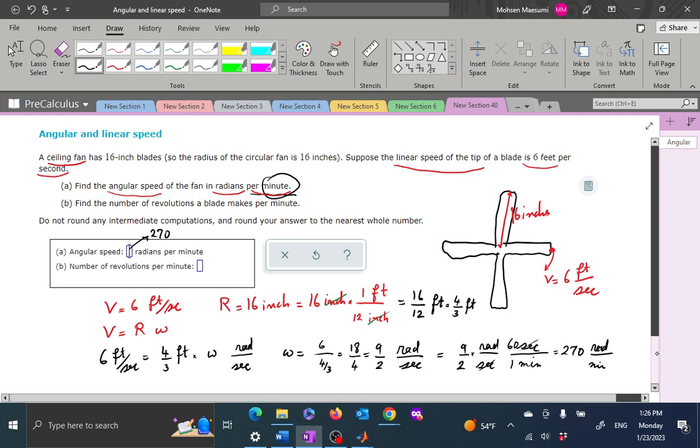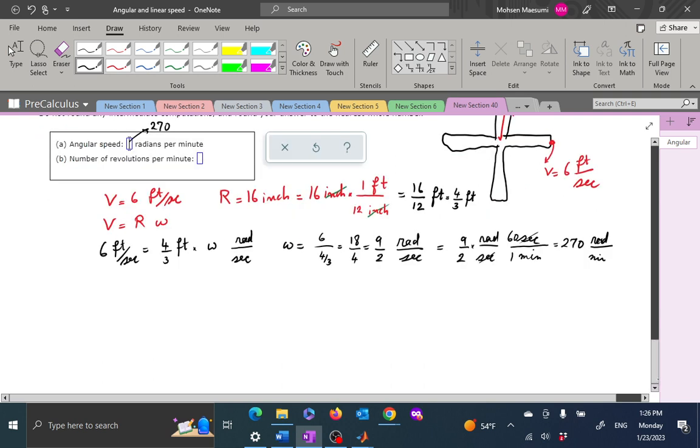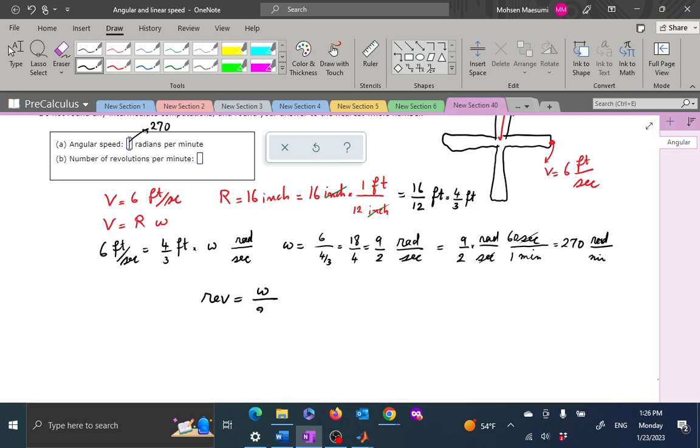Well, number of revolutions, we had that many times. Revolutions is equal to omega divided by 2 pi. So that's going to be 270 divided by 2 pi. And so you just divide 270 by 2, then divide by pi.